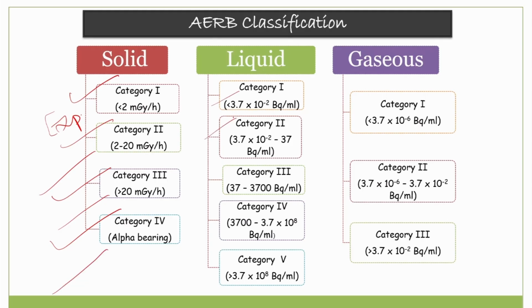Liquid is based upon becquerel per milliliter, which is a unit of activity. Liquid is based on activity. Solid waste is based on exposure rate, liquid is based on activity, and gaseous concentration is also activity based. In this way radioactive waste material is classified: solid, liquid, gas.